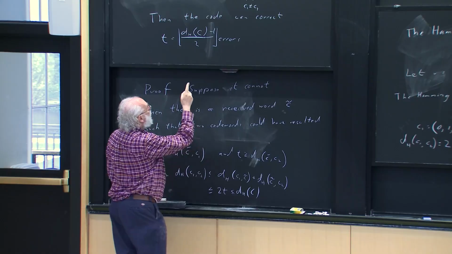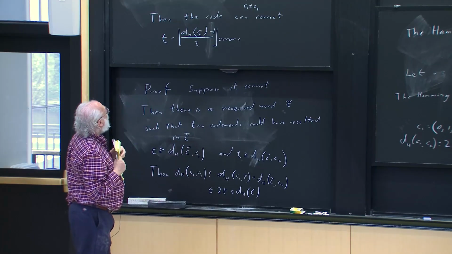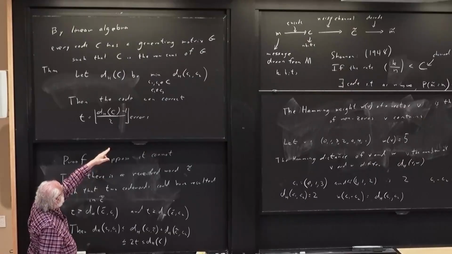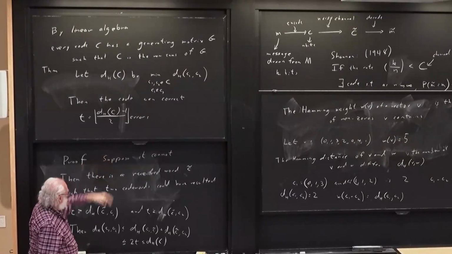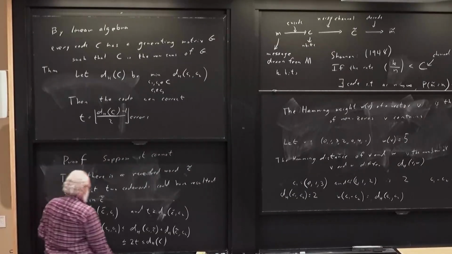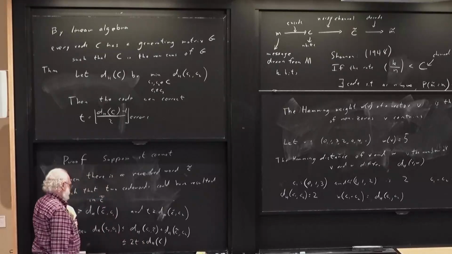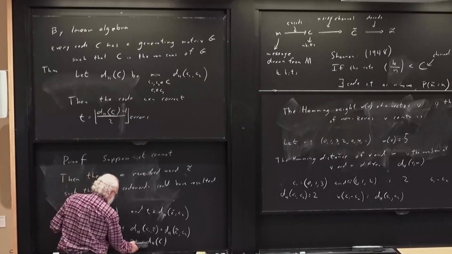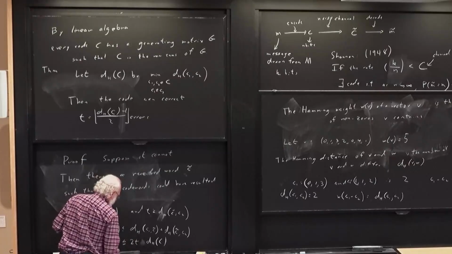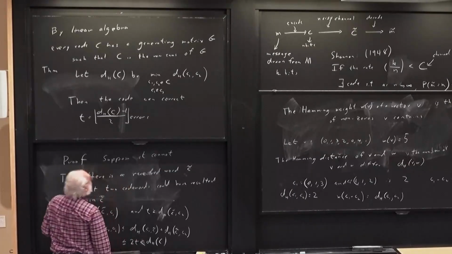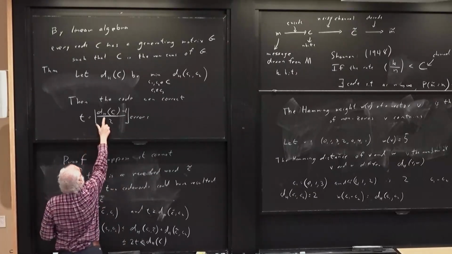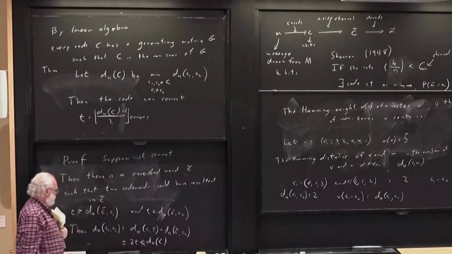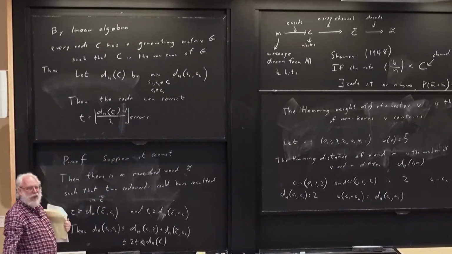But we know by the definition that it's the minimum distance between two code words. So this is a contradiction. Well, I should say less than here, because T was at most D minus 1 over 2.